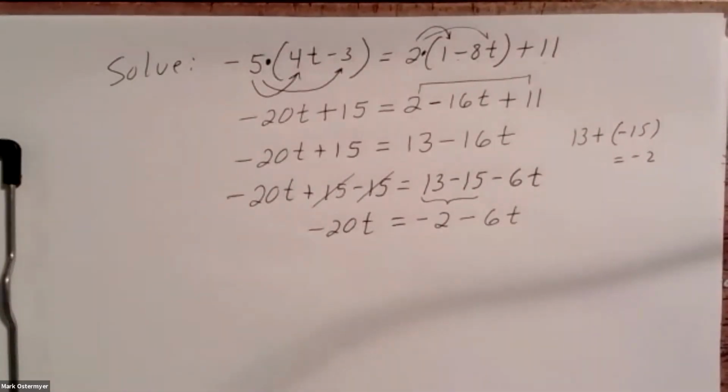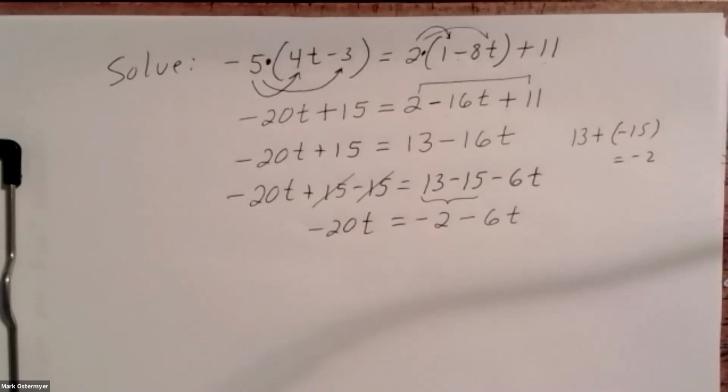All right, we've got to continue to separate the variable terms on one side versus the constant on the other side. So what's the next move now as we continue to do that? What would we add to both sides? 16t.